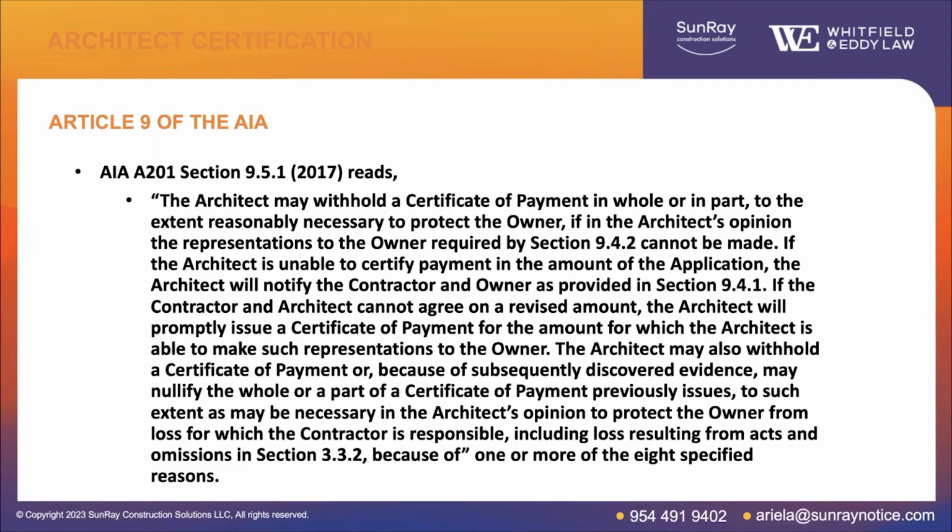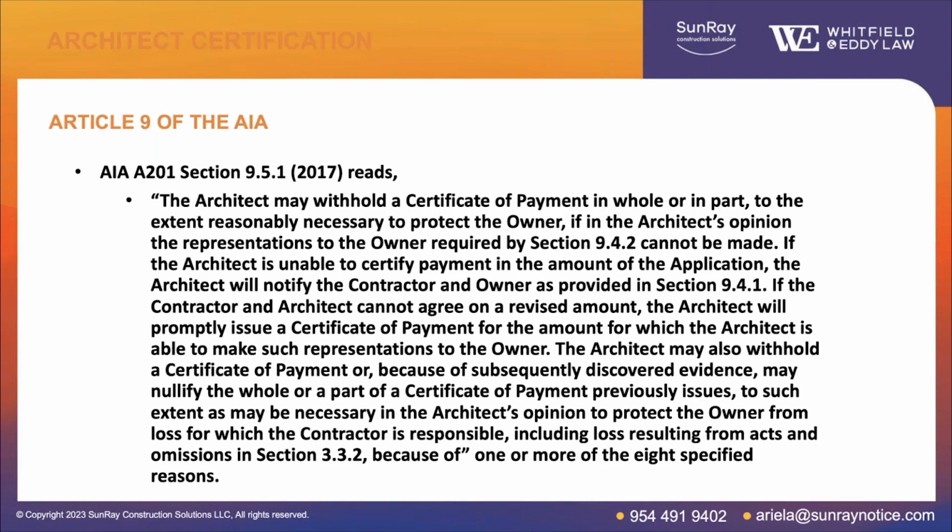So the first provision here is section 9.5.1 in the A201 Article 9. And what this provision says is the architect can withhold a certificate of payment to the contractor. So how the process works is the contractor submits a pay application to the architect, who reviews it, and ultimately decides whether to issue a certificate, and if so, how much to the owner, which then triggers payment obligations by the owner.